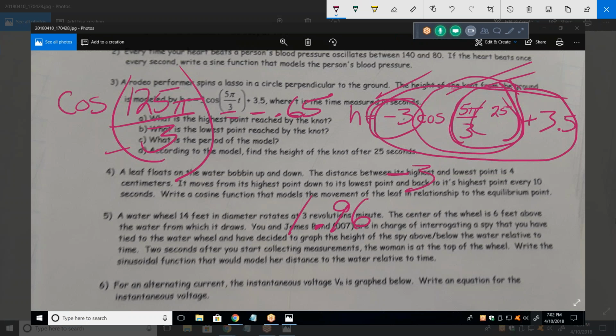Now add to it 3.5, the rest of the equation. 5.46. That's the height of the knot after 25 seconds. If I wanted the height of the knot after 26 seconds, I would merely plug 26 in for t. Okay.